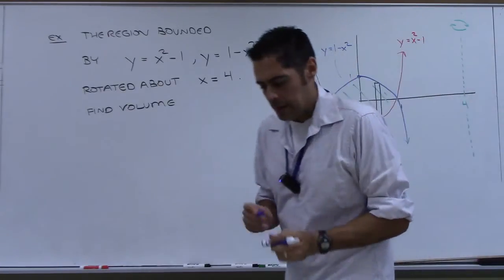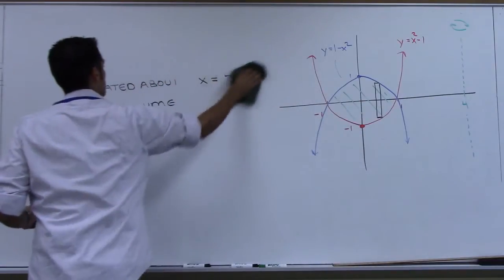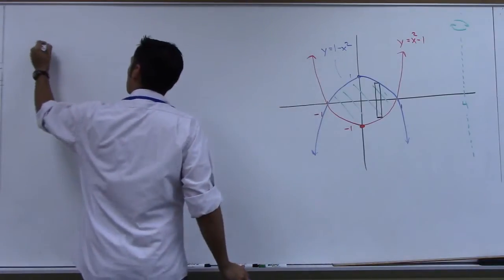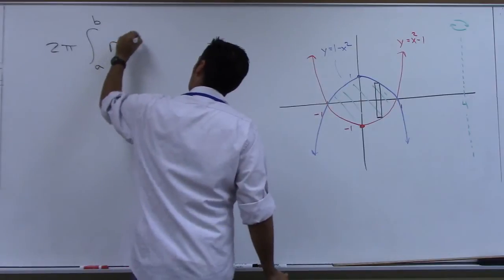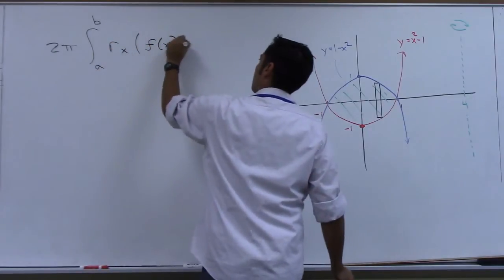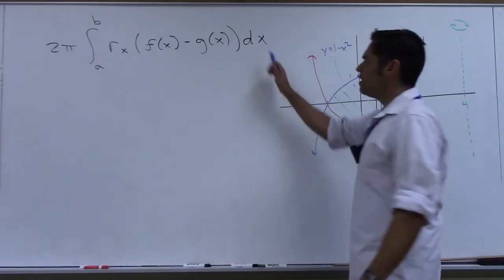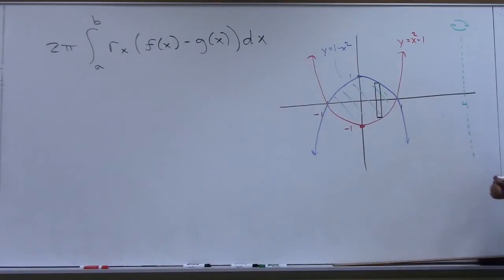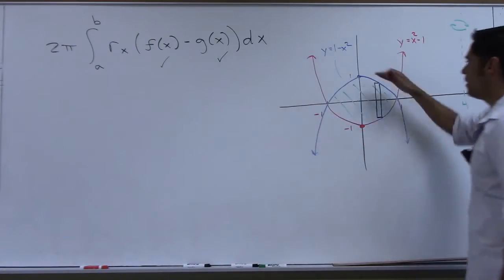That should be pretty clear in our formula. I'm going to write down the formula up here so that we can refer to it. Did I put the dx on the formula? Okay. So right now we have the f of x and the g of x, the top and the bottom.